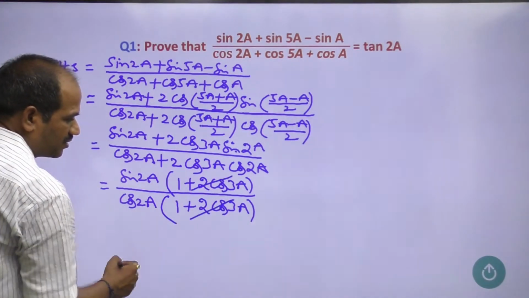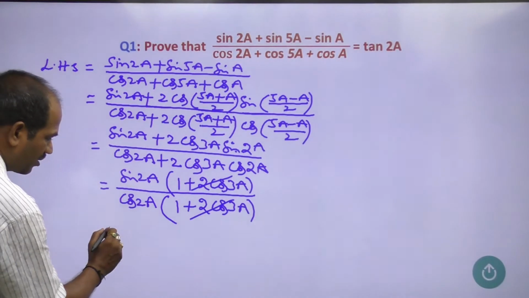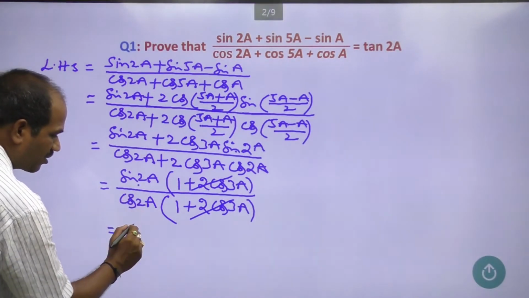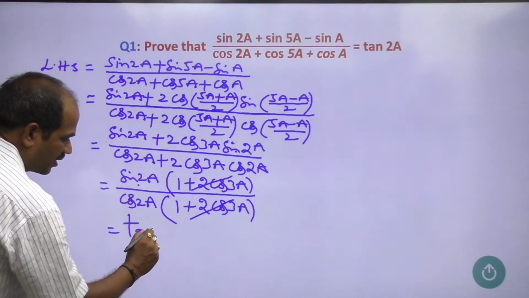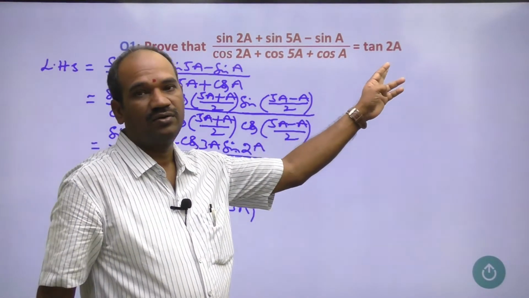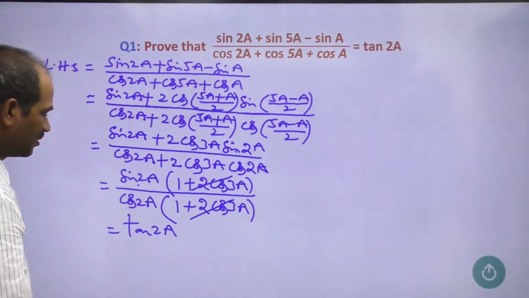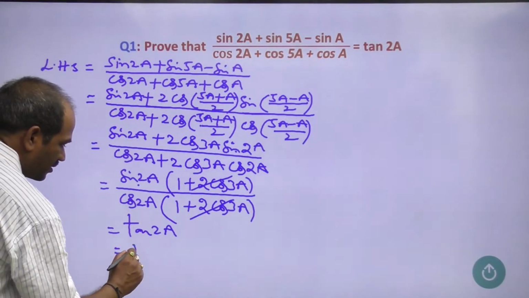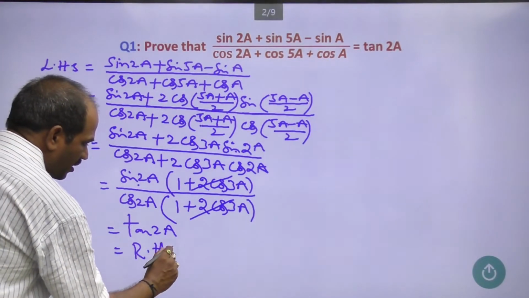These two, 1 plus 2 cos 3a, get cancelled. So we have sin 2a by cos 2a, which is equal to tan 2a. That is the RHS value, so tan 2a comes.